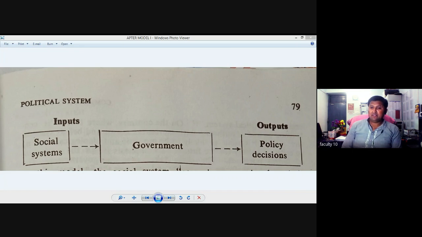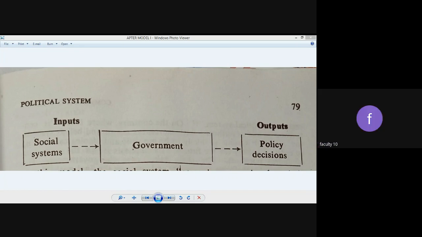That means the rules must be perfect, and the official system means the implementer officials must be honest. So the rules must be non-corrupt, and officials must be non-corrupt.